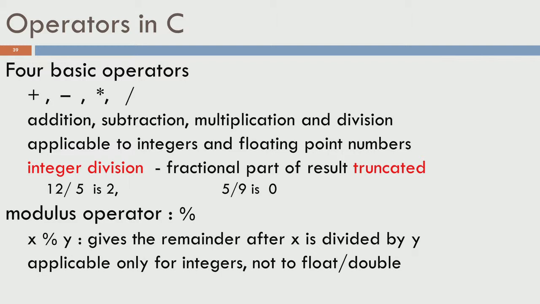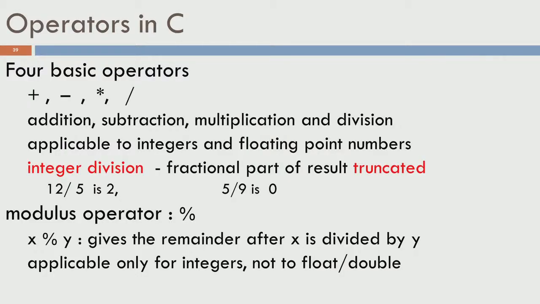So, the result of dividing an integer by another integer is also an integer. In this case it is only 2. A more drastic case is if you divide 5 by 9. 5 is smaller than 9, so when you divide 5 by 9, you have a fraction and no integer value. So, the result would be 0. You have to watch out for this when you program, but for now this is not a problem.